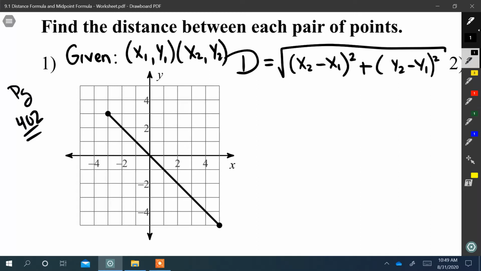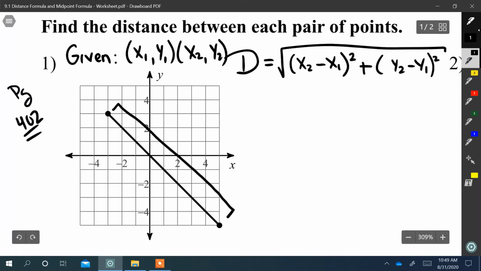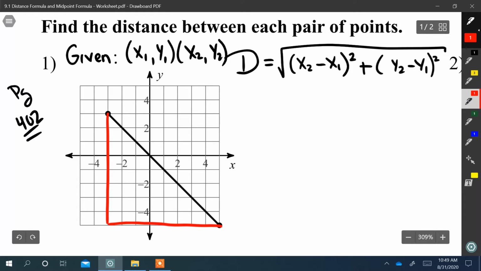All right, so this distance formula is going to help us find the distance of this right here. Okay, how long is that? Well, let me do something for you guys. If I were to do this, don't I have a triangle right there?